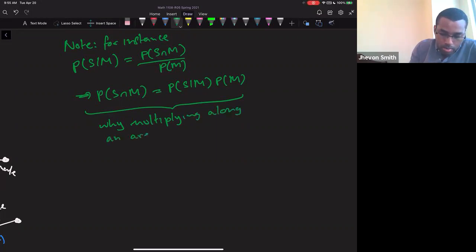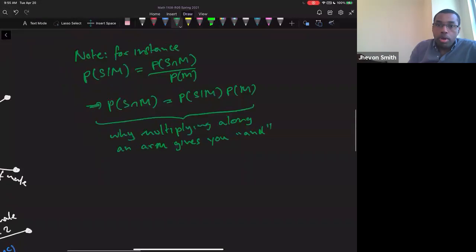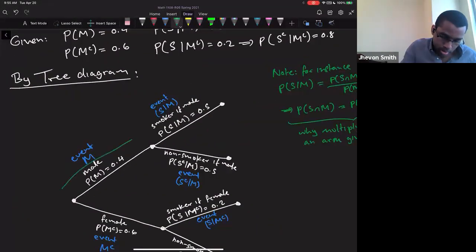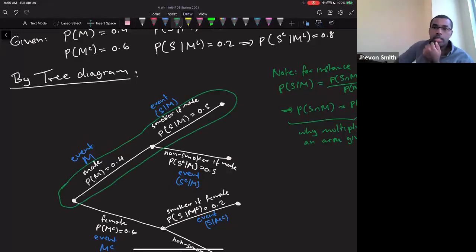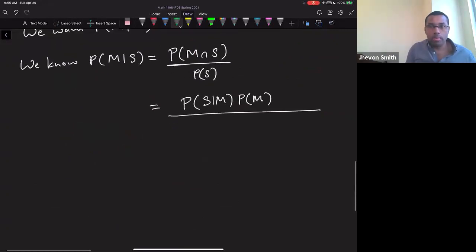Because notice what we just did. We're multiplying the probability of M and the probability of S given M. That's like we're multiplying along here. I'm just going to take that 40% times the 50%. Right? So that's what that's going to be.